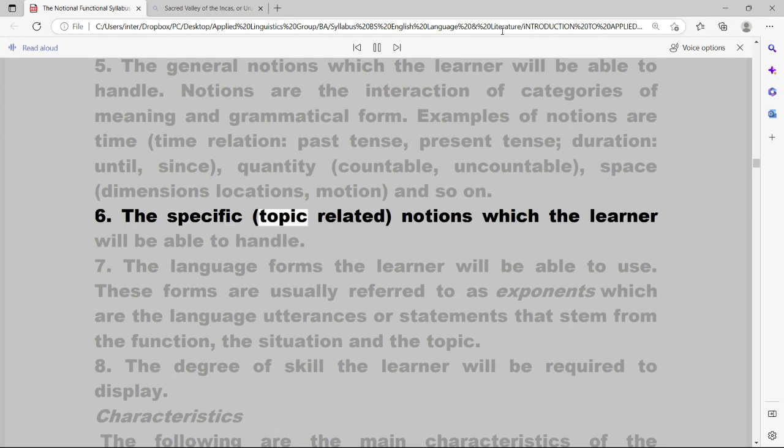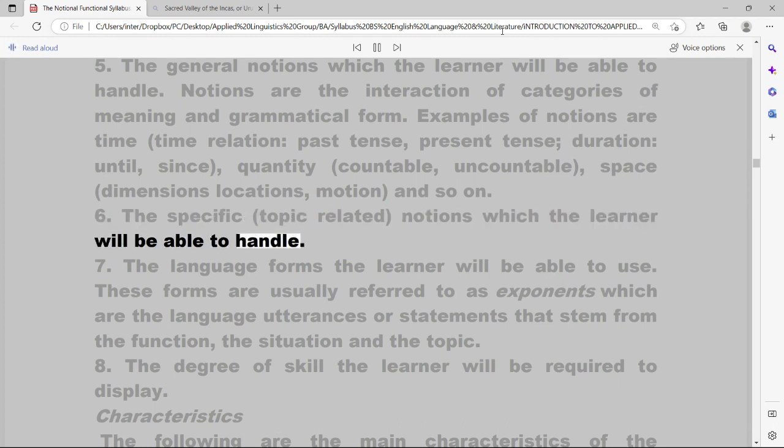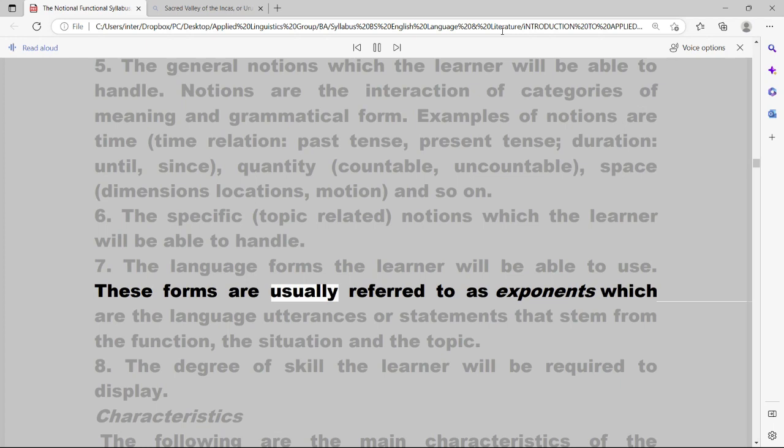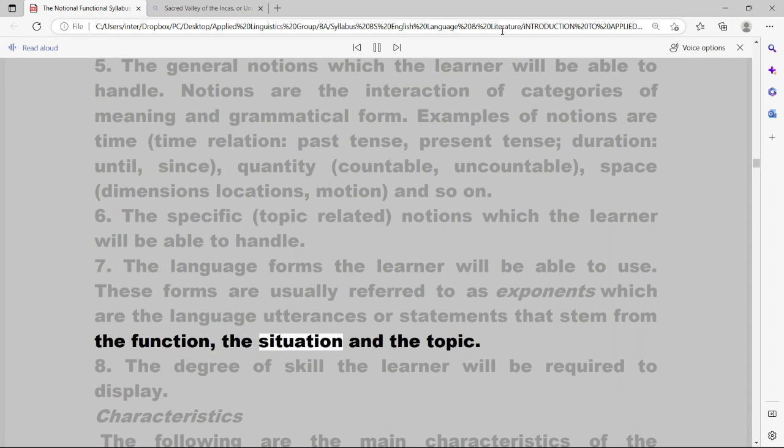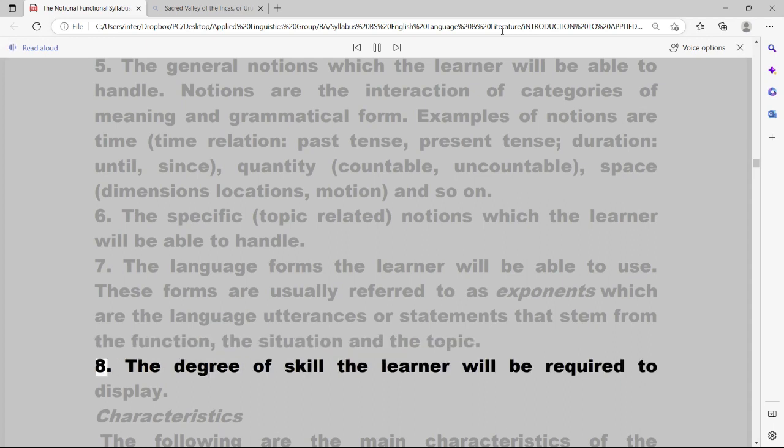The specific, topic-related, notions which the learner will be able to handle. 7. The language forms the learner will be able to use. These forms are usually referred to as exponents, which are the language utterances or statements that stem from the function, the situation, and the topic. 8. The degree of skill the learner will be required to display.